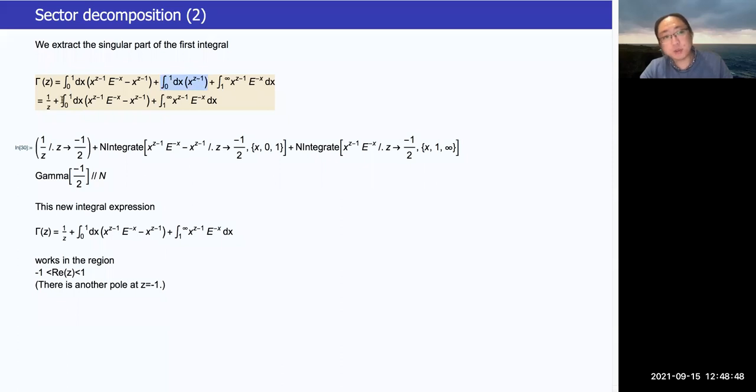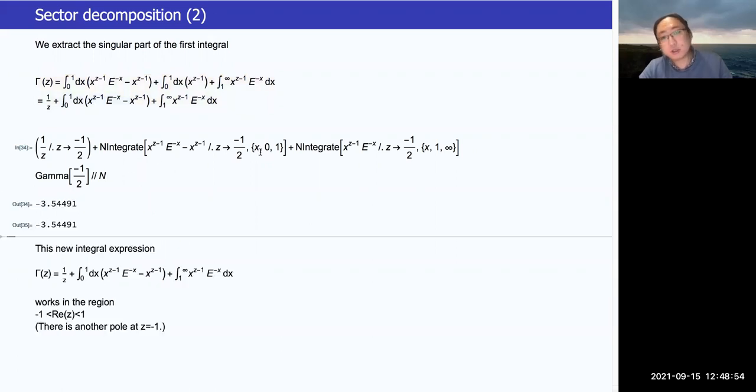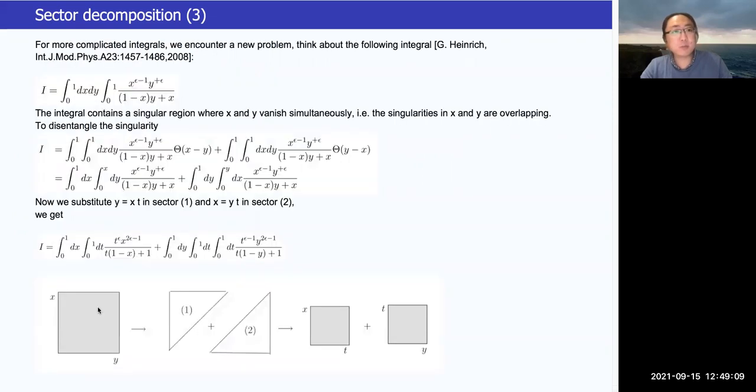This piece can be evaluated; it gives you a pole, and this piece can be used numerically. And you can see indeed now this new expression works as you move away from the poles. So this is how they do analytical continuation for the Feynman diagrams.